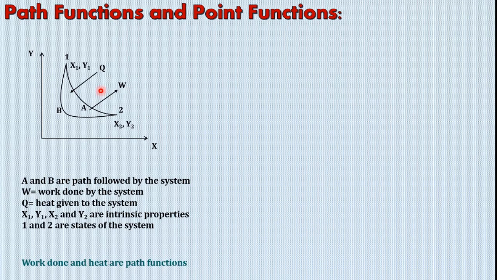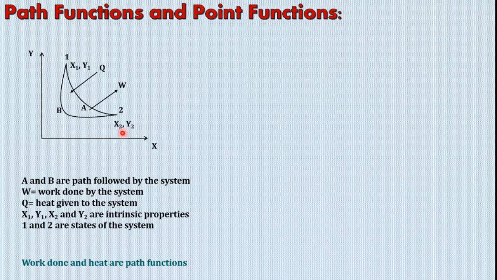Now you see these x1 and y1 for state 1, these values were the same earlier for path A. Even if we change the path to B, there is no difference in x1 y1 values, because these values are defined at the extreme point of the path.